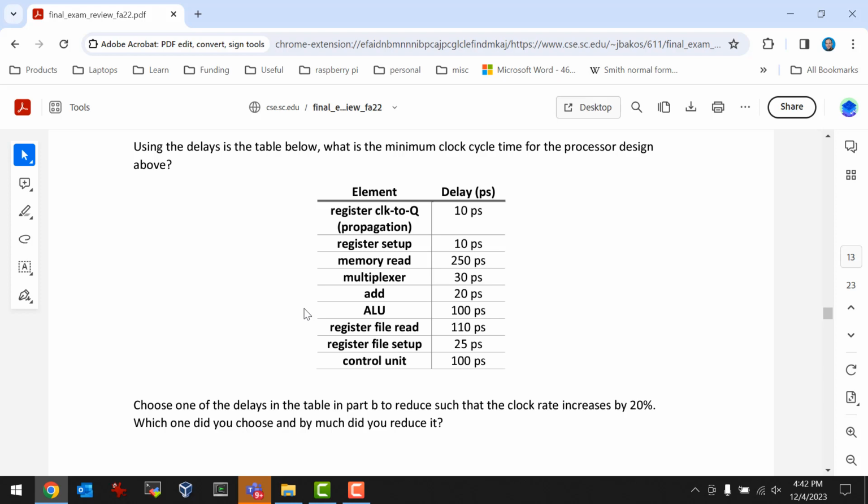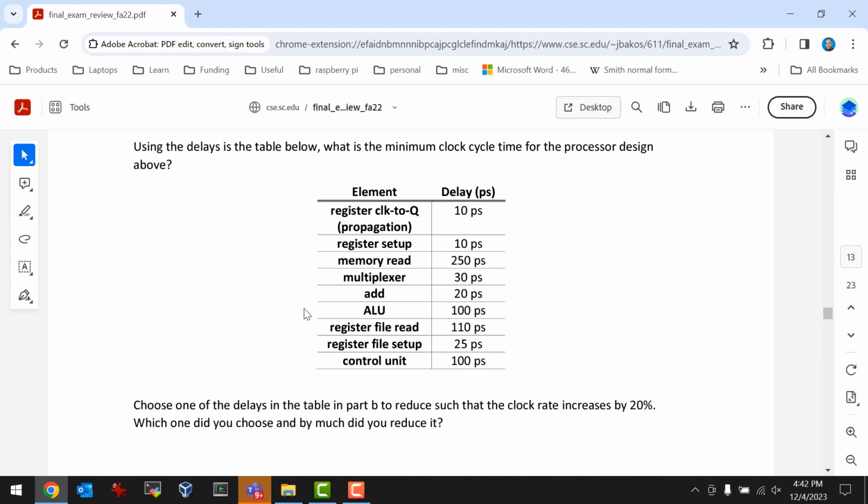Well, first of all, it's got to be the execute stage, right? In the execute stage, we are reading memory. No, that happens in fetch. In execute, we've already read the memory. So the register clock to Q, I think we still have to pay for the 10 picoseconds.